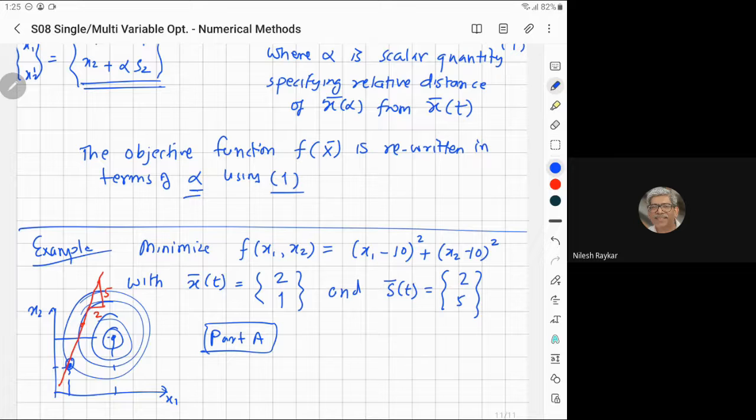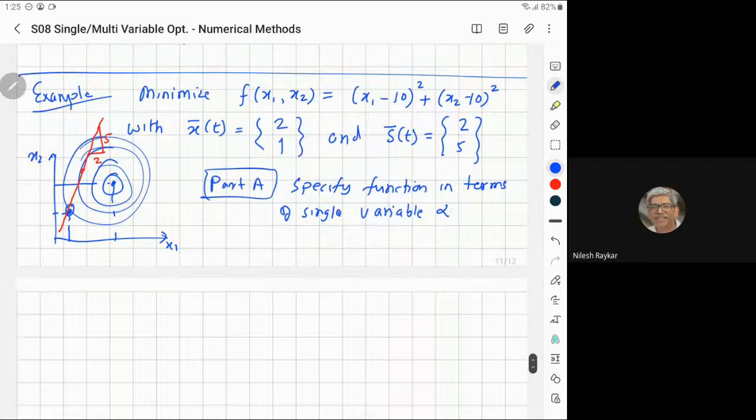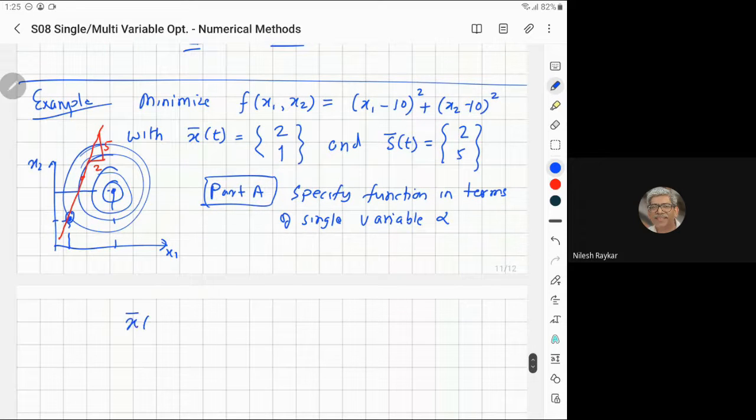So the first part will convert this multivariable function into a single variable function. We'll use our condition.